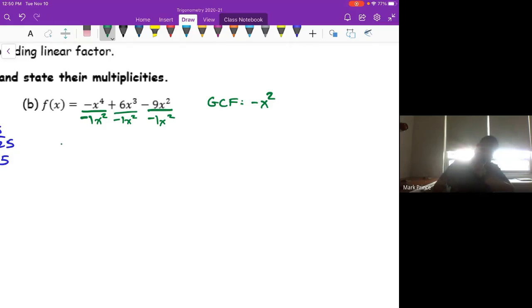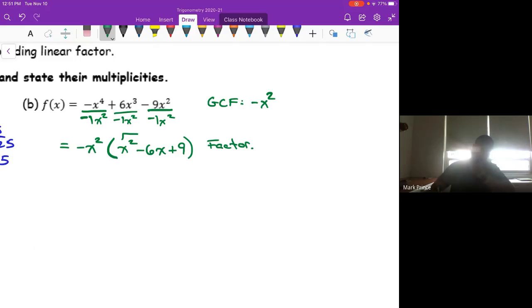All right, so working it down, negative x squared comes outside the parentheses. 4 minus 2 gives me x squared. And I get negative 6x plus 9. Now I'm going to factor what's inside there.